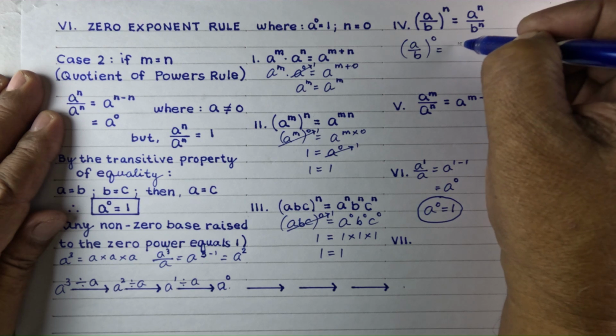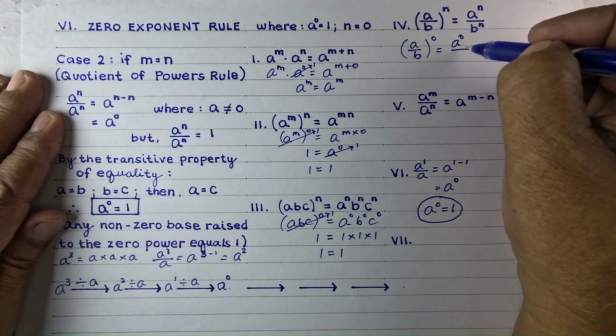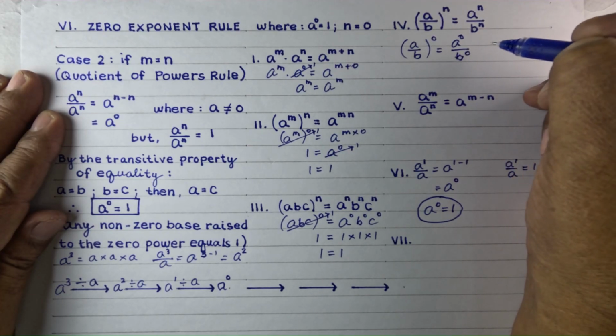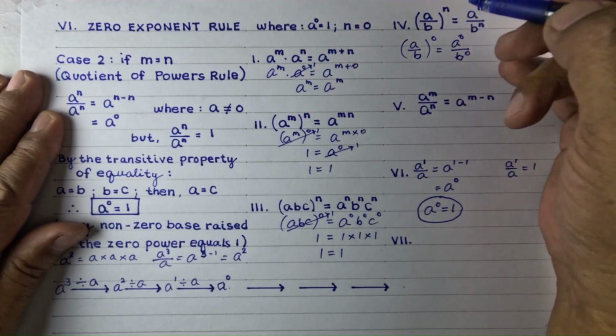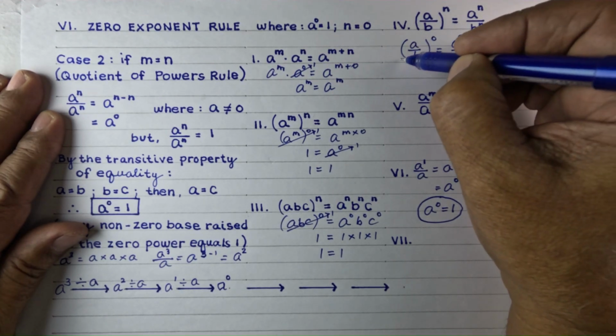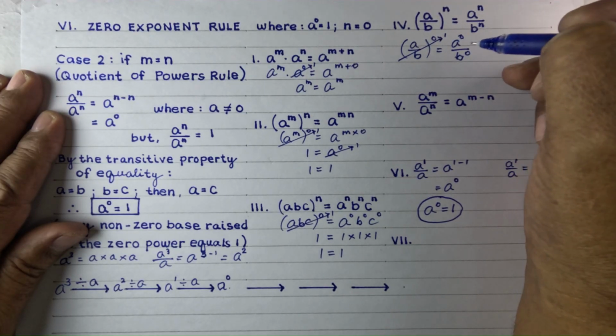And that's equal to a to the 0 power over b to the 0 power. But a over b to the 0 power, so that's equal to 1.